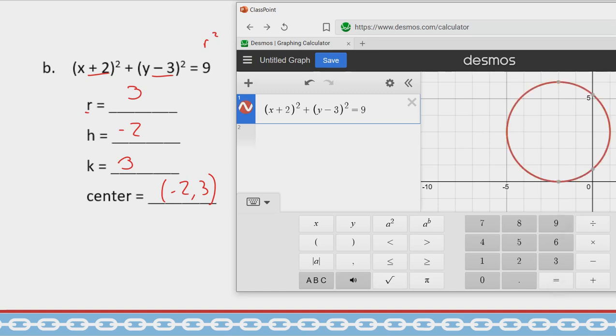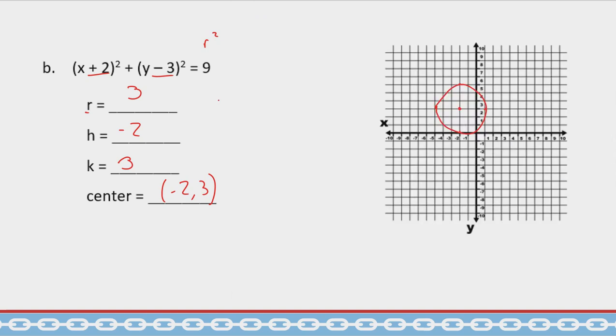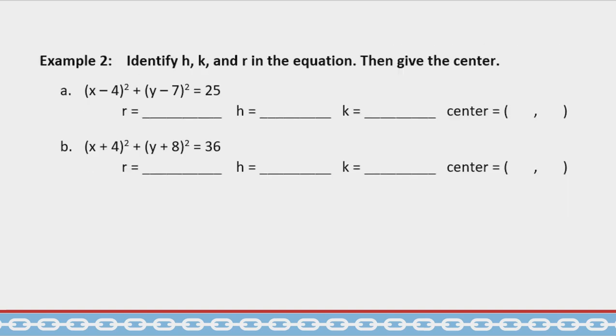Right, I see that same circle then that I graphed here. If we ever get hung up on h and k and all of that, that can help you as well. Just typing it into Desmos. The TIs won't graph the circles, so we'll have to rely on Desmos for that.